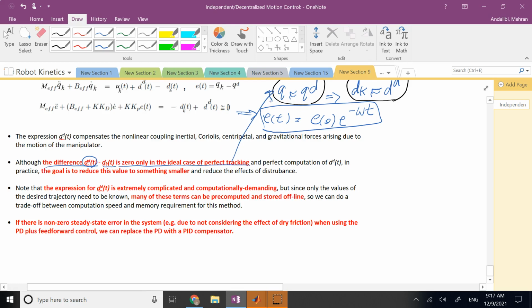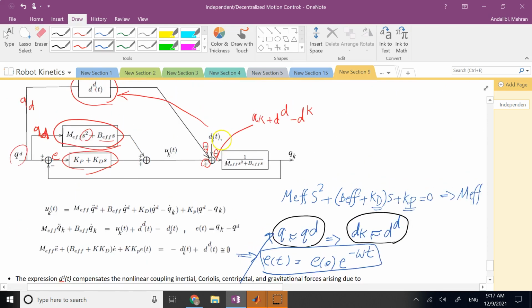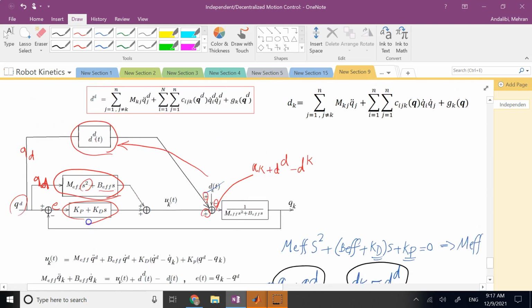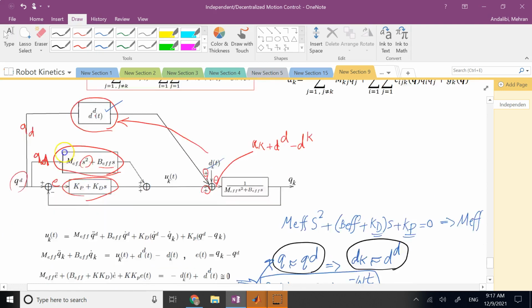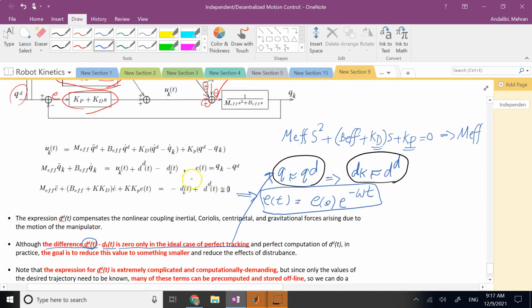In reality, the goal is not to make this difference perfectly 0. It's just to what? To cancel as much as you can from dk through dd, and to reduce the amount of this non-zero term that you will get on the right hand side. Okay, because when they are not equal, the right hand side is not going to be 0, but you want to make that non-zero term as small as possible.